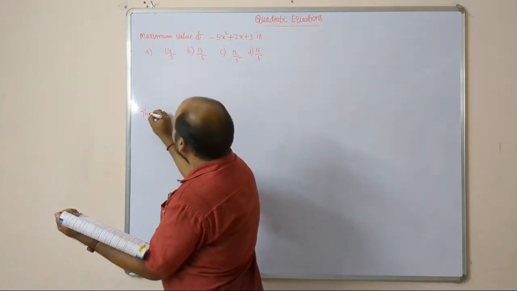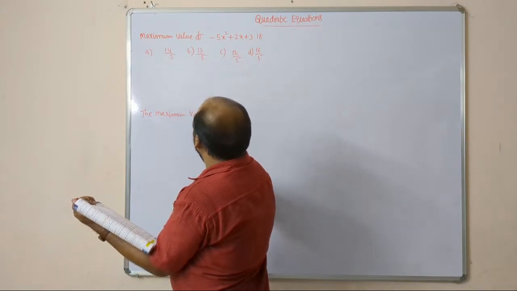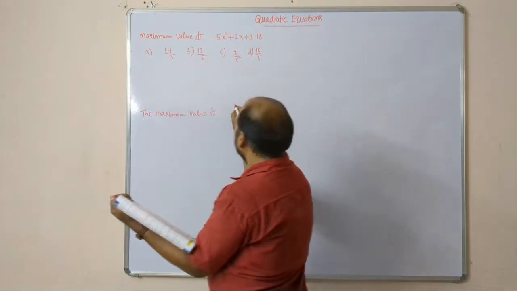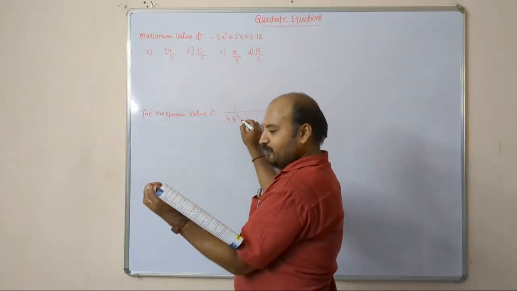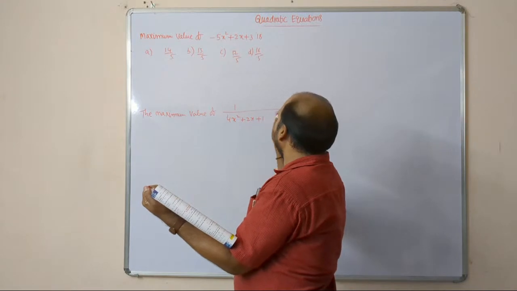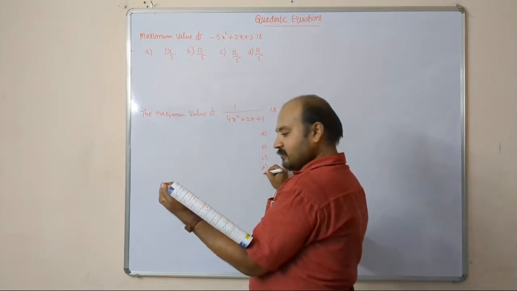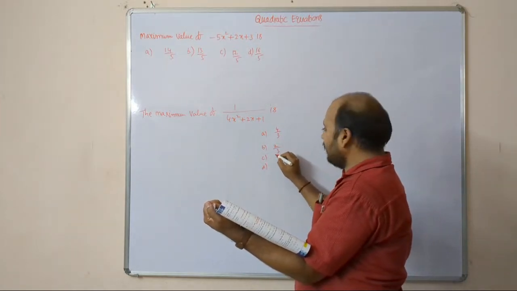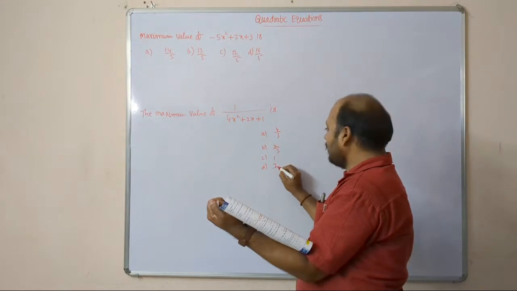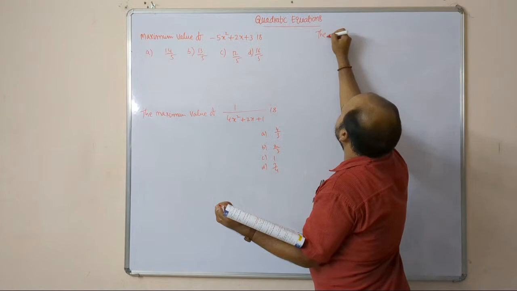Similarly, the maximum value of 1 by 4x square plus 2x plus 1 is, so options here: 4 by 3, 2 by 3, 1, 3 by 4.